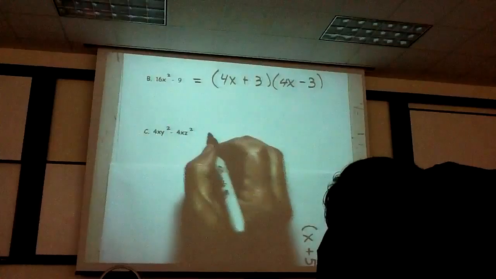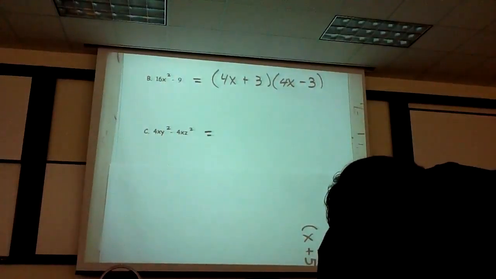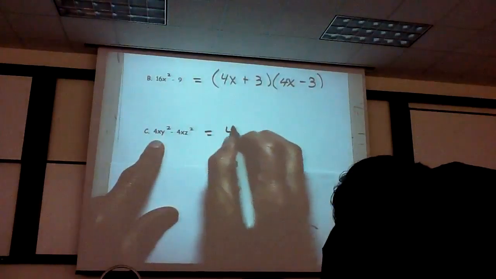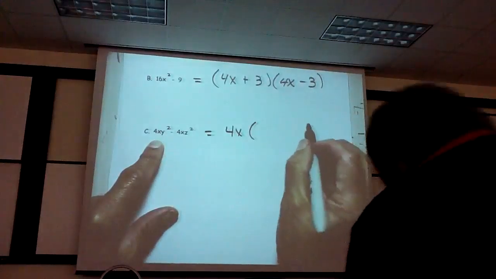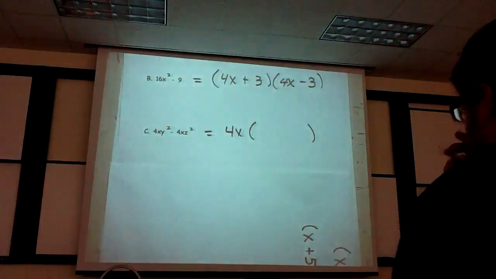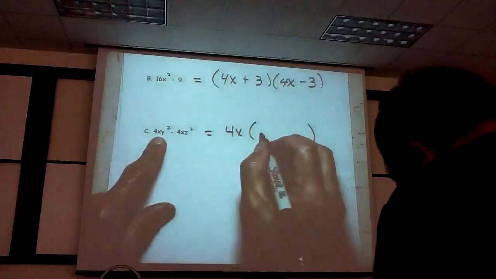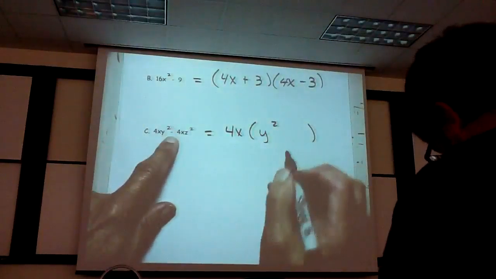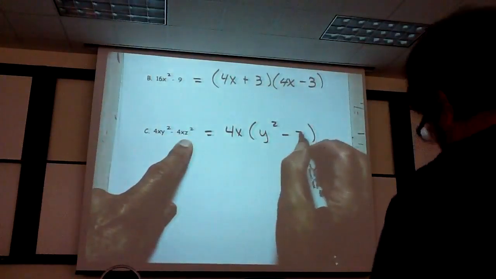So here's what your observation is going to help us resolve. I see a 4x in common. Let's take it out. That gives me y squared minus z squared.